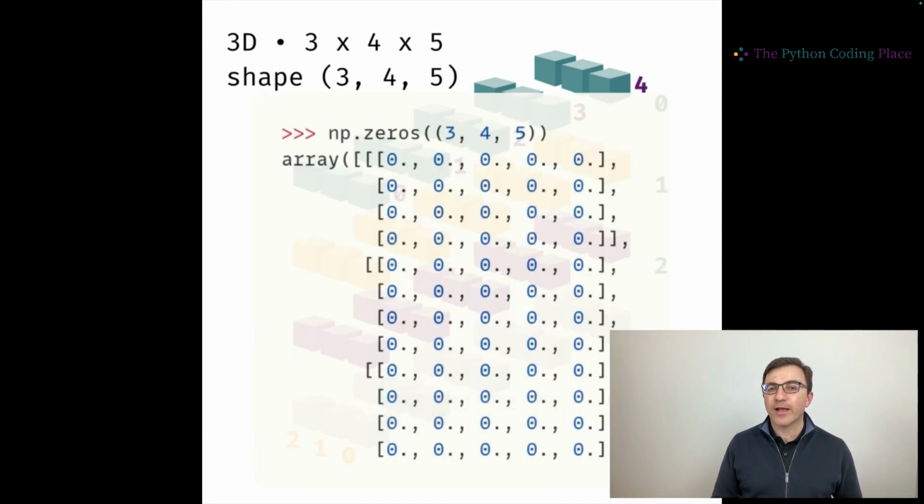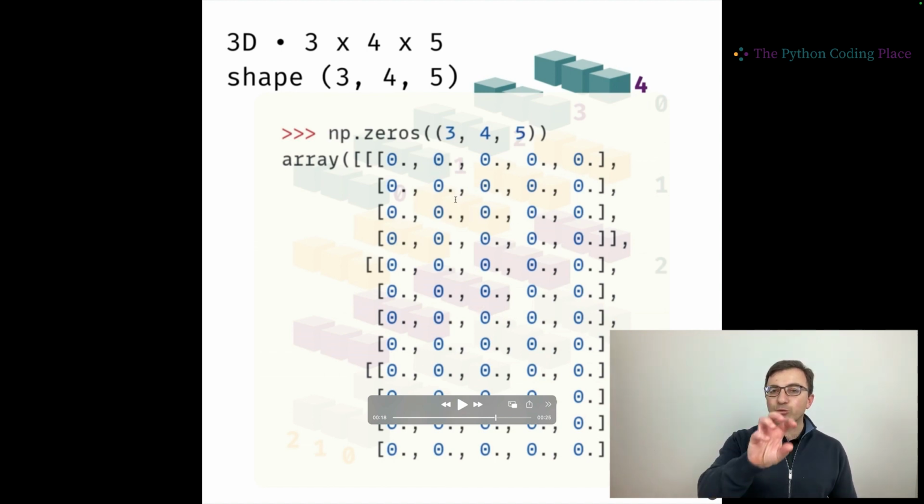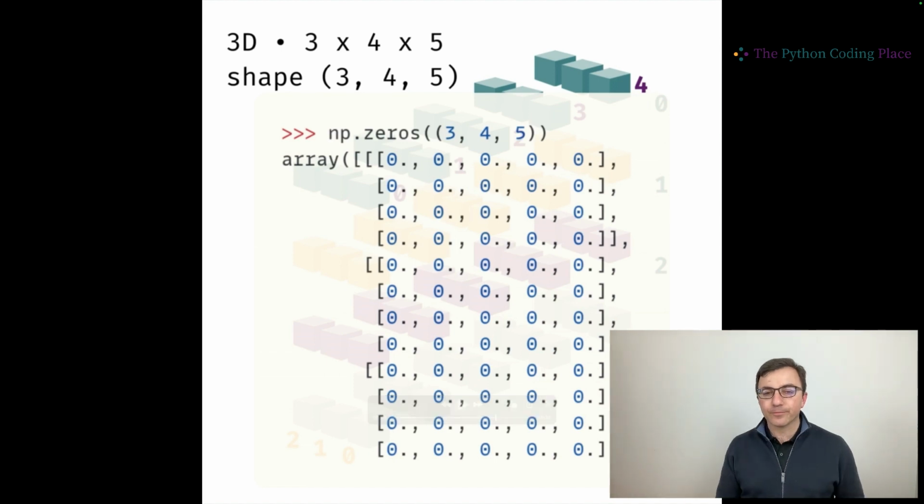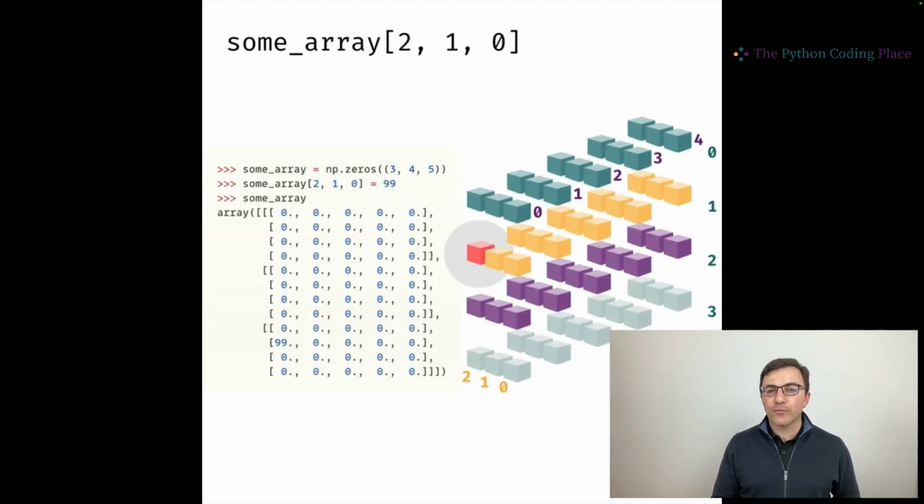And if I display this, of course, when you display this on your terminal, you can't see it in 3D, but what we see here is the first layer, the second layer, and the third layer. So it's as though you take each one of these and put them behind each other. And to finish off, this now makes it easy to change one particular value and to be able to visualize it.